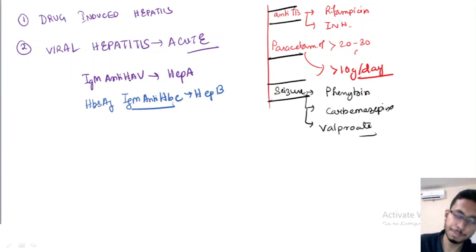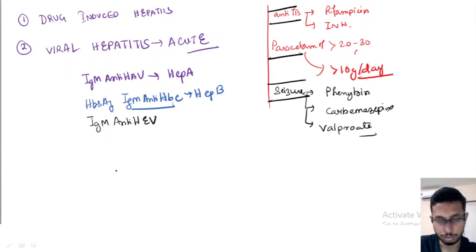Can hepatitis E present in such a picture? Obviously, hepatitis E can present like this. So you should always rule out IgM hepatitis E also, along with hepatitis A. Now there are instances of co-infection with the type D variety, anti-HDV.